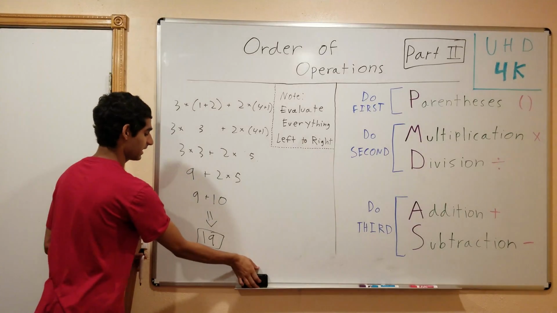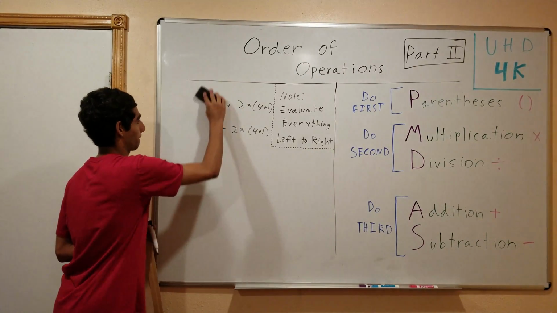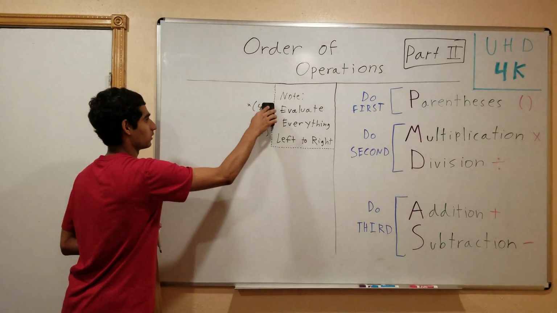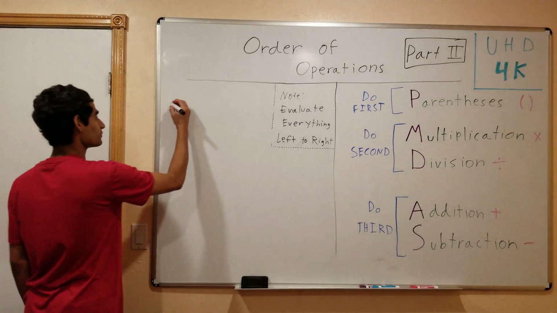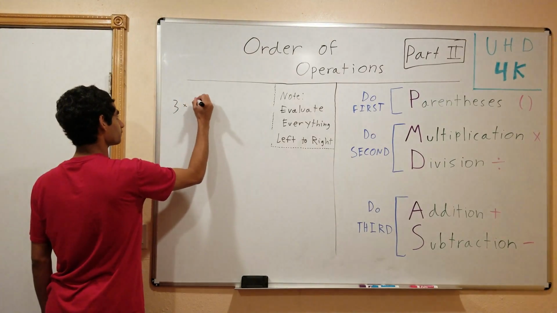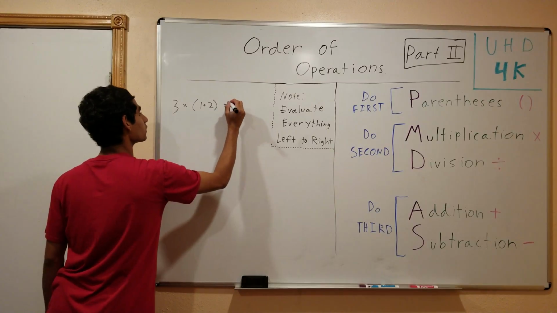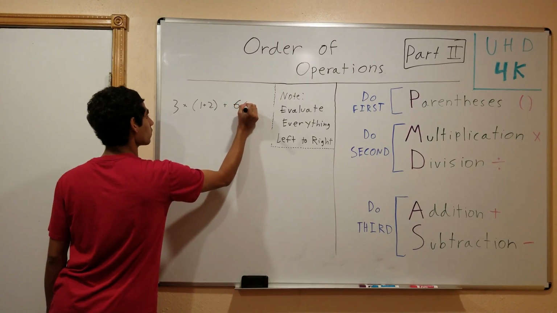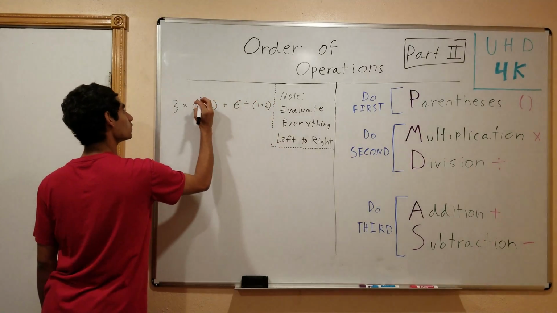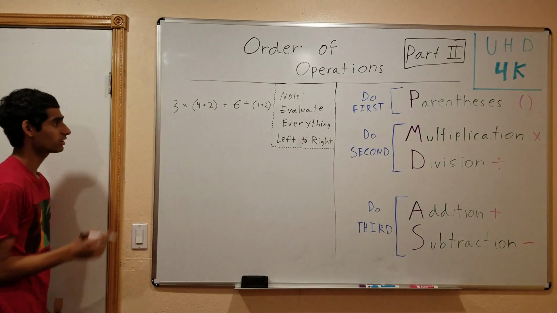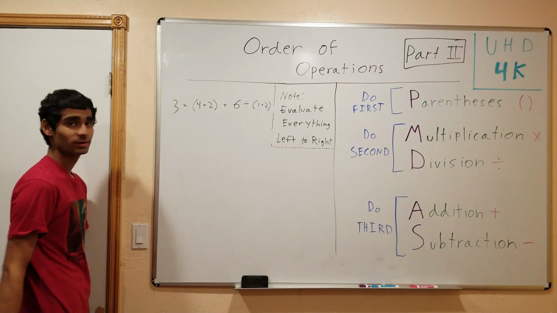Let's do one last example. So you have 3 times, in parentheses, 4 plus 2, plus 6 divided by, in parentheses, 1 plus 2.